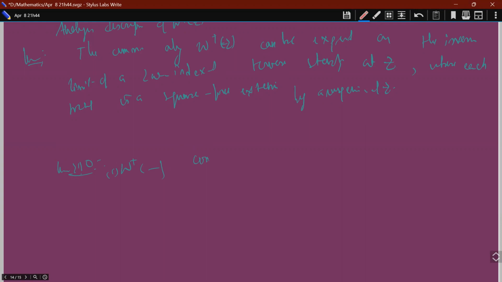So this functor commutes with arbitrary products, satisfies descent, commutes with functors.